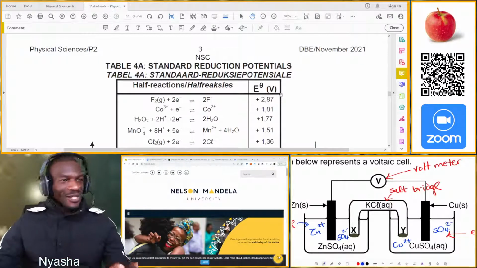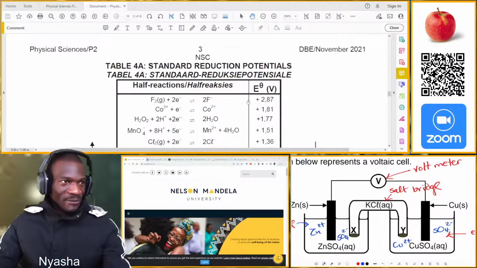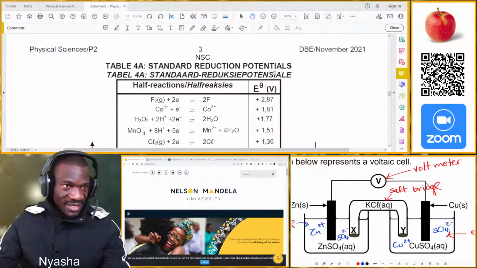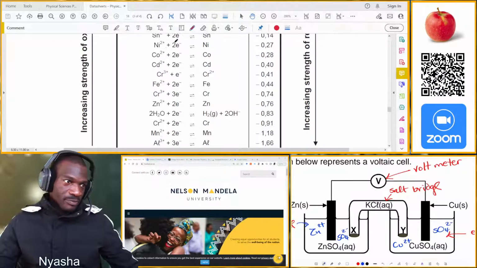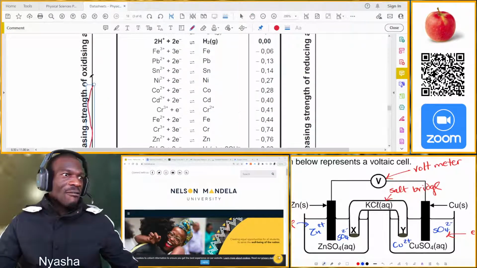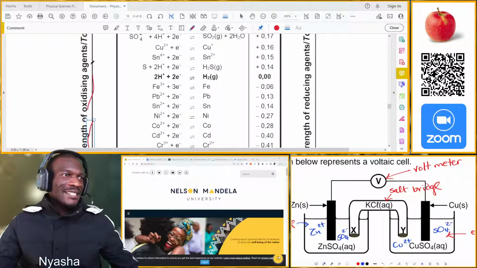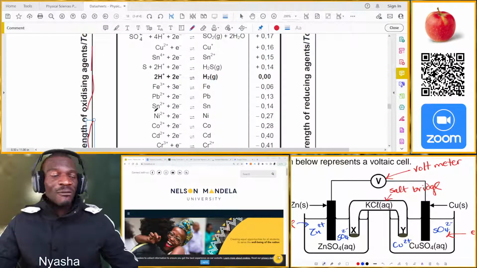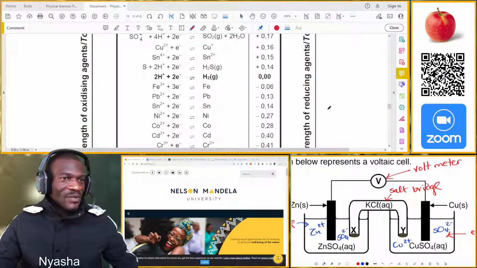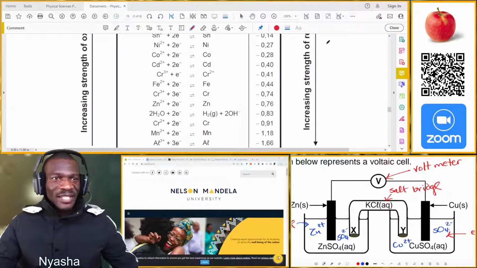Okay, so as you can see, this table shows you the standard reduction potentials in the form of increasing strength of oxidizing agents, right? How about on the right-hand side?